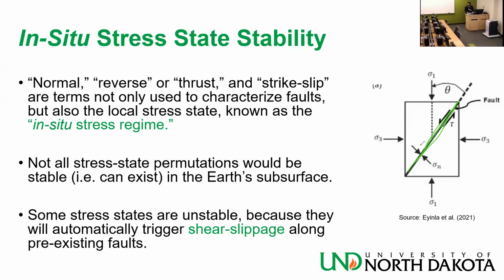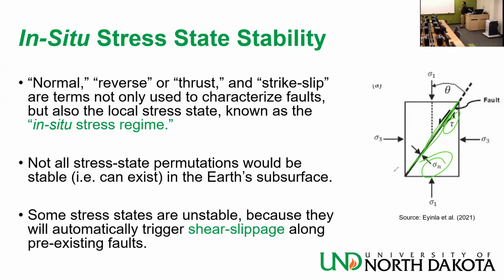Those two stresses, sigma 1 and sigma 3, will induce a shear stress on that fault and also a normal stress on that fault. Those two work against each other. The shear stress, tau, Greek letter tau, is trying to make the fault slip.